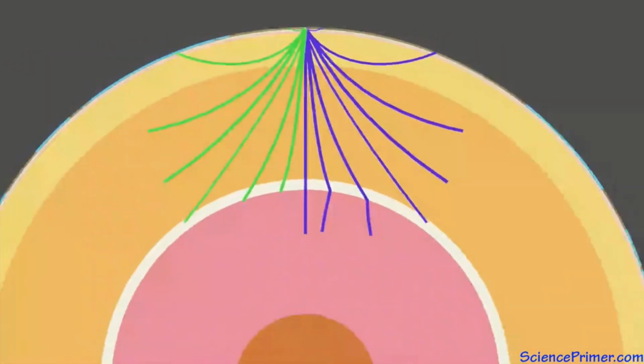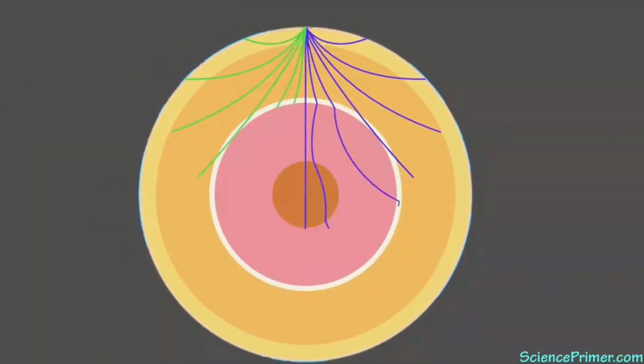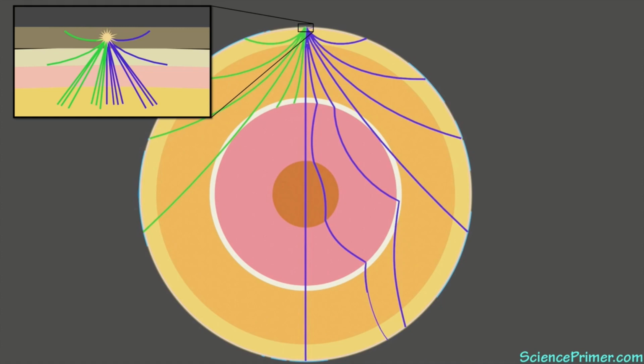If you look at the diagram of both P waves and S waves traveling through Earth, you can see that the P waves, when they hit the liquid outer core, refract or bend. Then when they go from the liquid outer core back into the mantle, they bend again. So this refraction has made a chunk of Earth's surface receive no seismic waves at all, and that means it's a shadow zone.